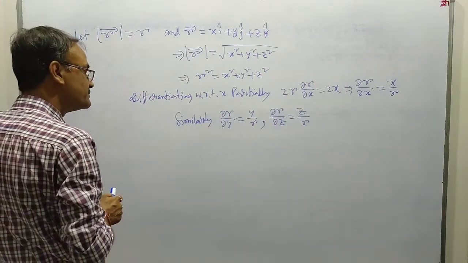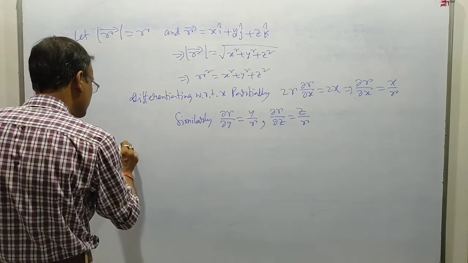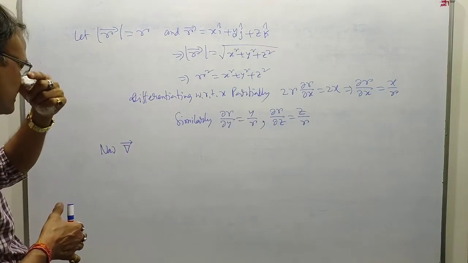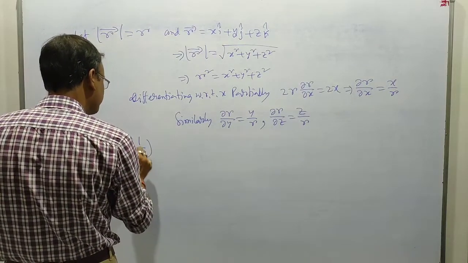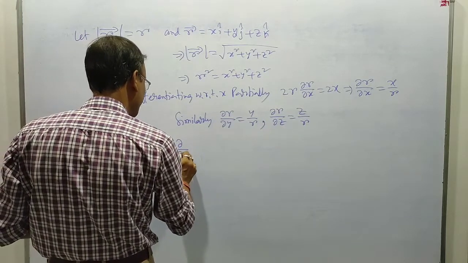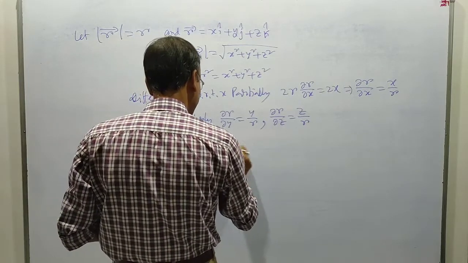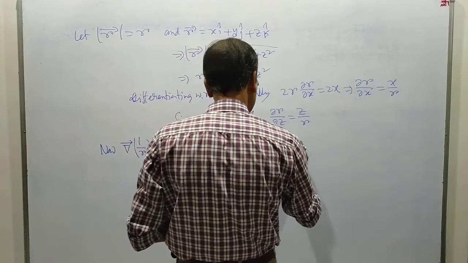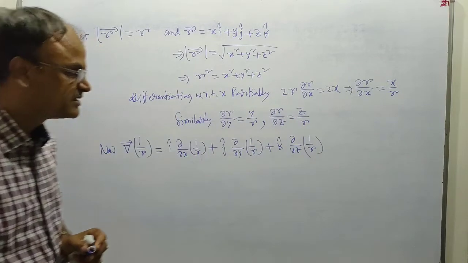Now, gradient of, suppose, 1 by r. What will be this? Equal to i cap delta delta x of 1 by r plus j cap delta delta y of 1 by r plus k cap delta delta z of 1 by r, like this.